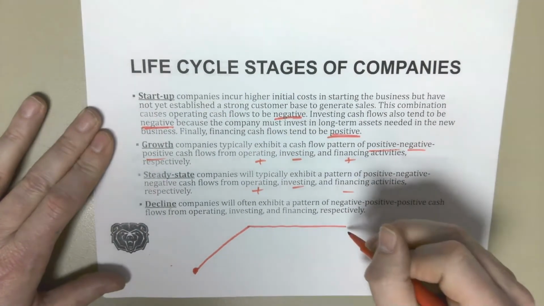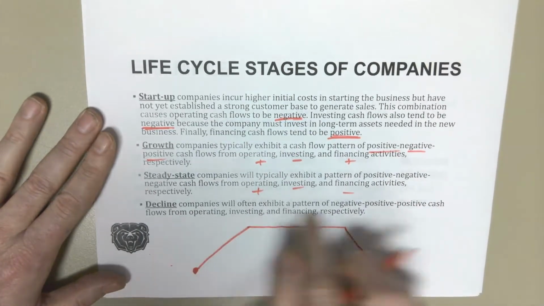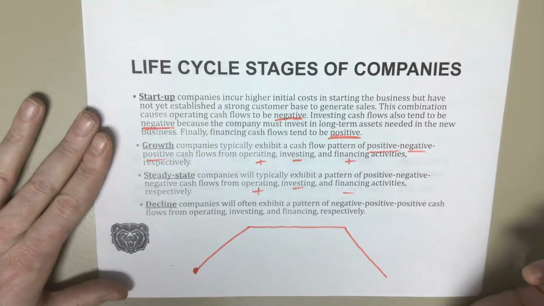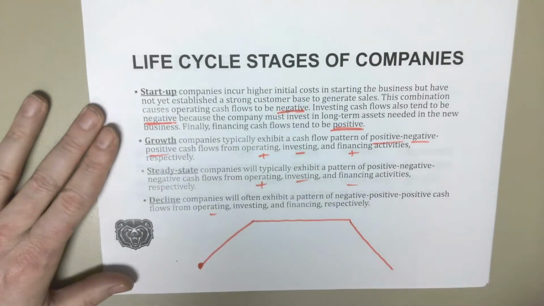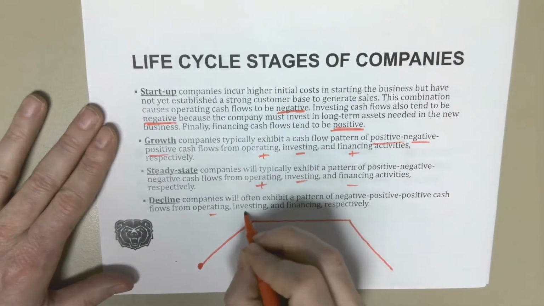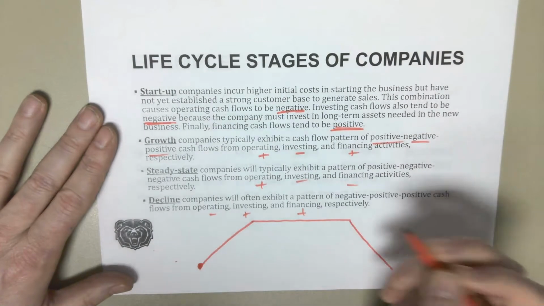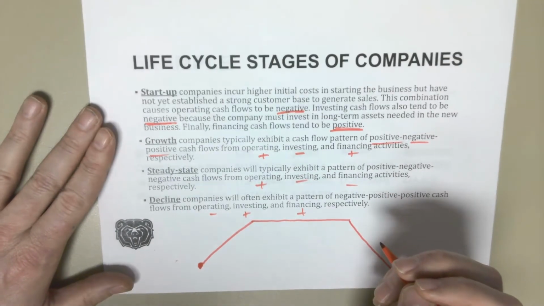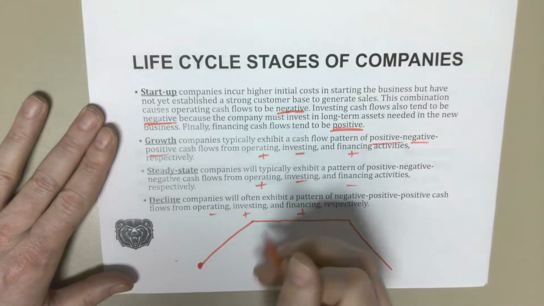And then finally, you have your decline stage, which is right here. This is what we're seeing here. And you typically have a negative, positive, positive cash flow. Negative for operating. Why? Well, because you're seeing less and less revenue, right? Positive from investing and positive from financing. Financing, maybe you are trying to get back to a growth stage, right?